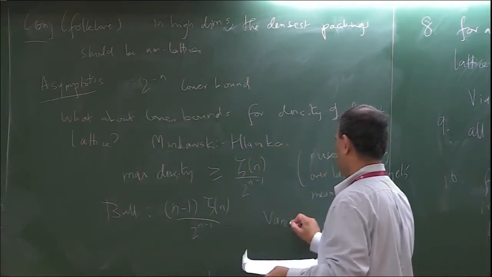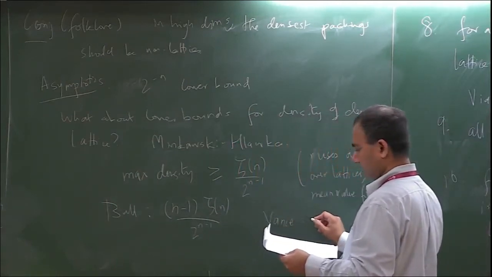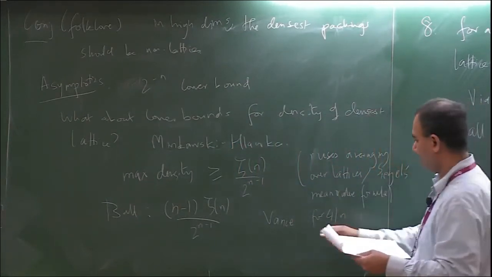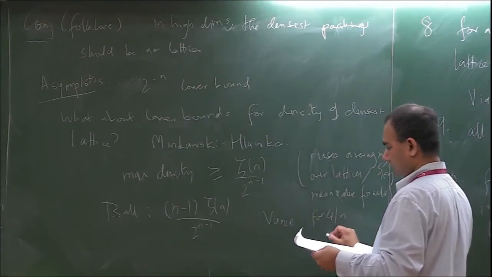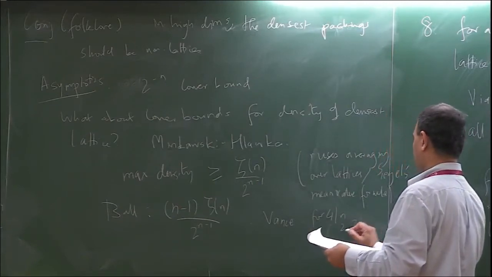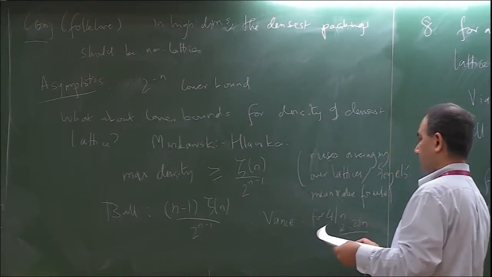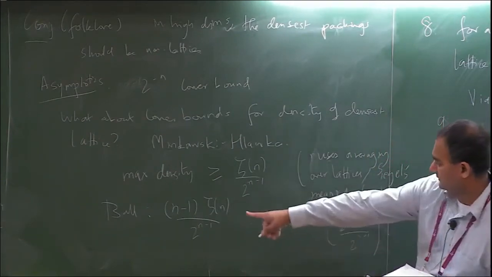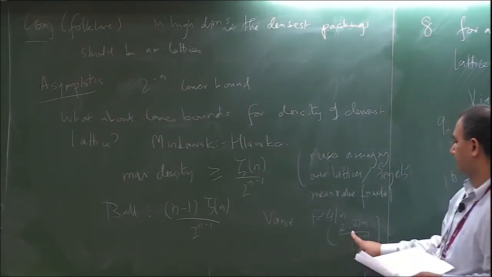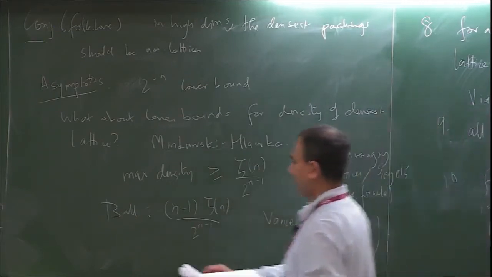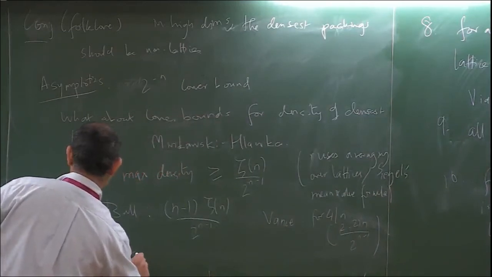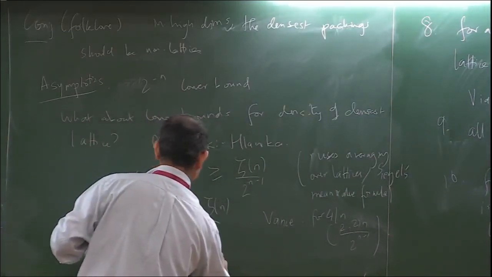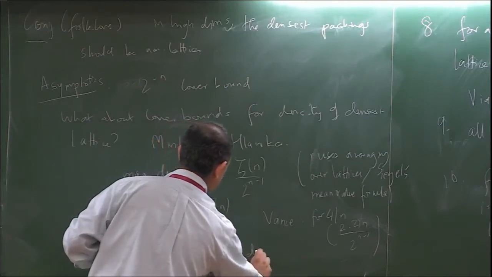Stephanie Vance improved this for dimensions n which are multiples of 4. I think she got something like 2.2 times n over 2 to the n minus 1. So that improved by just a constant factor to 2.2. And then the latest was a result of Venkatesh which improved this for some sequence of dimensions.